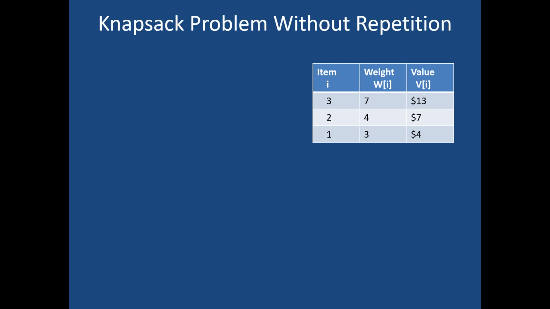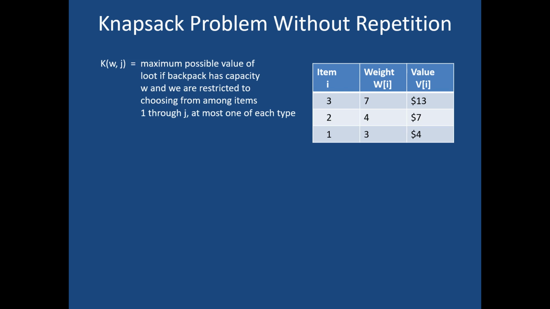Now, let's try the knapsack problem without repetition. So now we can only take at most one item. And so here's the key thing. What we have to realize is we're going to define a 2-parameter recursive function, k of w and j.